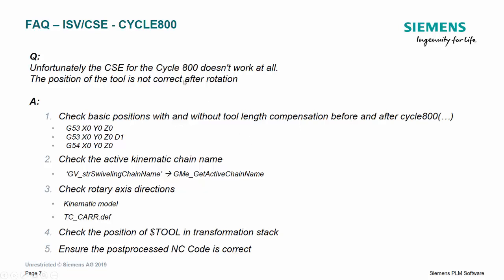So here is an example question: unfortunately, the CSE for cycle 800 doesn't work at all. The position of the tool is not correct after rotation. Everyone who has set up cycle 800 in the past knows this, and maybe has had this problem too.